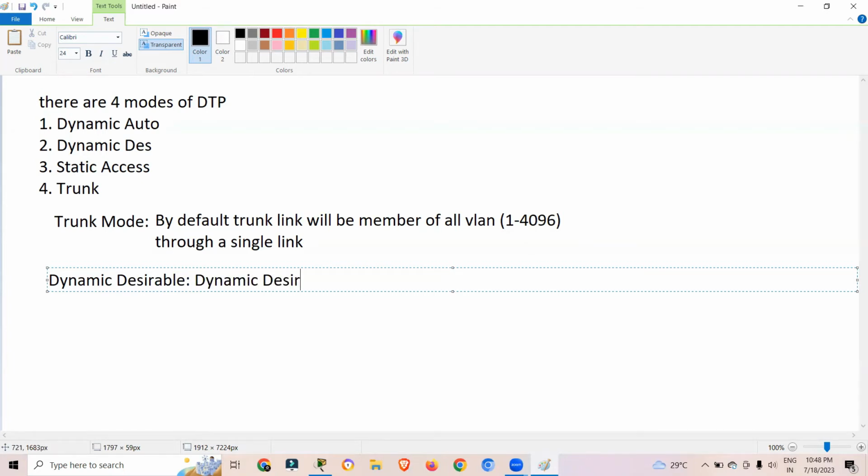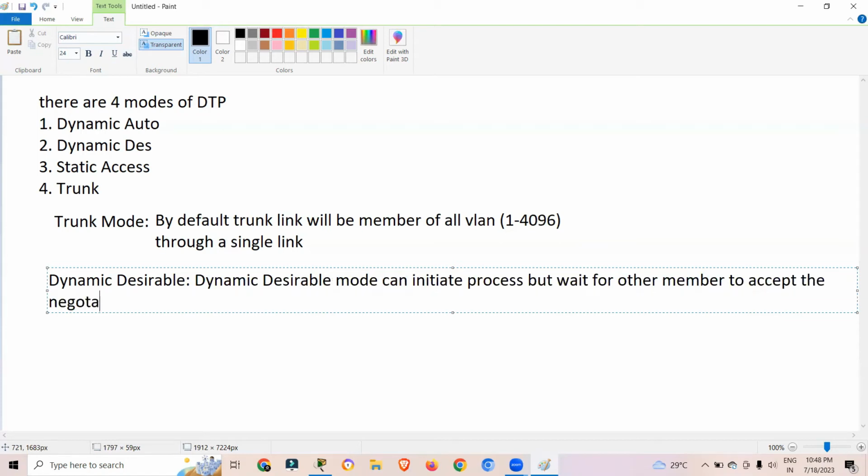Dynamic desirable mode can initiate the process, but it waits for the other member to accept the negotiation process.